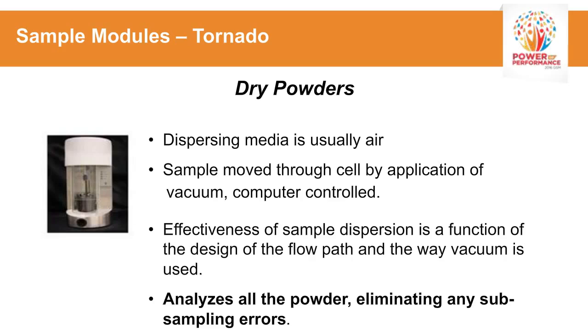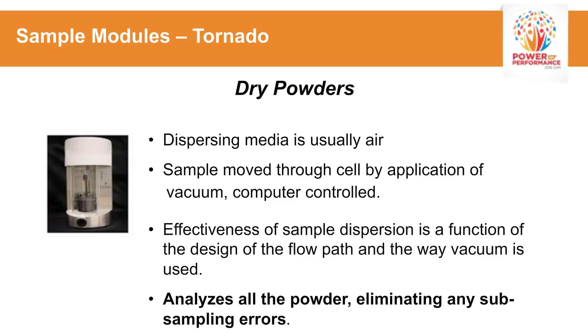This goes into the same orientation as the liquid module, fits into the same slot. And effectively, the dispersion is going to be controlled by the vacuum and the flow path, and also how the dispersion takes place, and I'll show you some schematics of that in a moment.